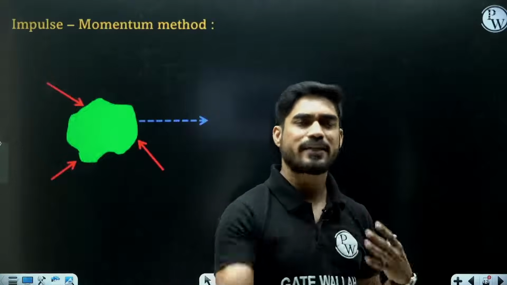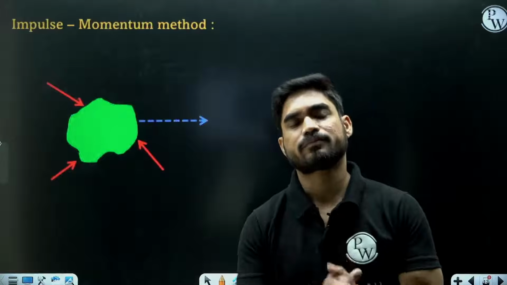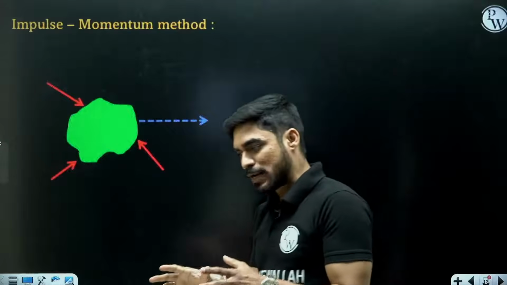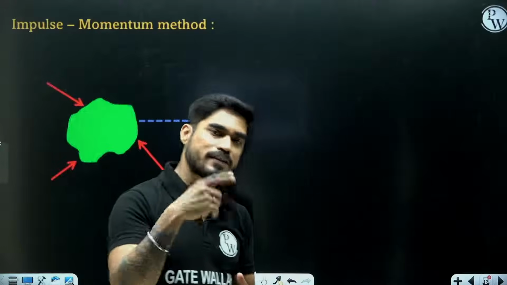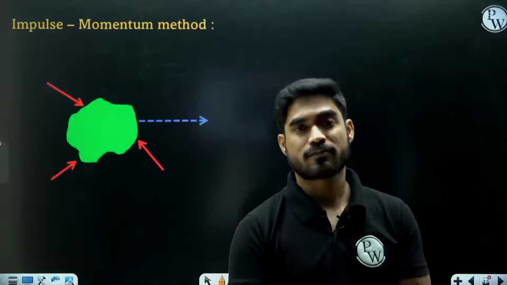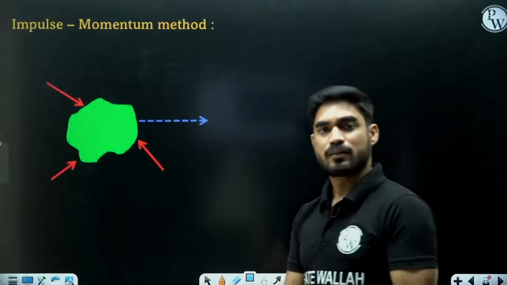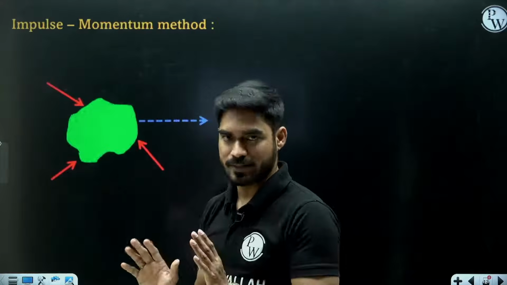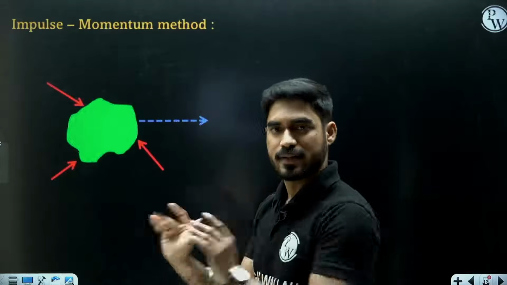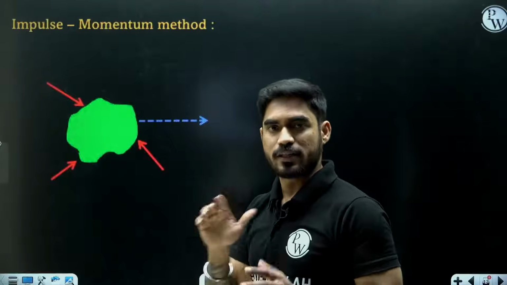Now what is the significance of this impulse? Understand. When you apply a force for a short duration, the velocity of the body changes, right? For example, let's say the box was at rest. Initially the box was at rest, so initial velocity was 0.